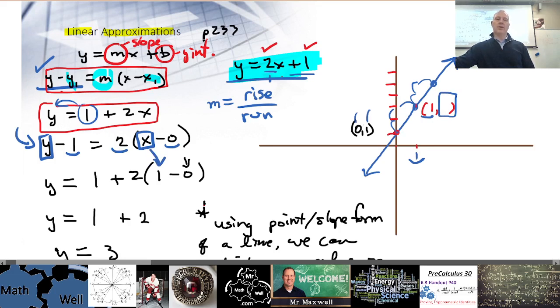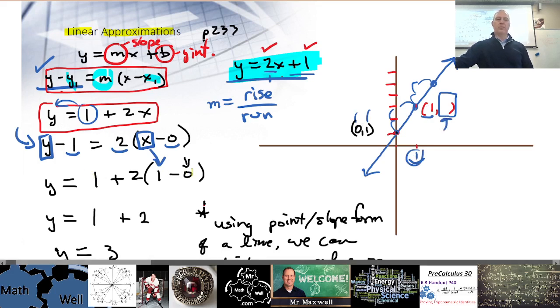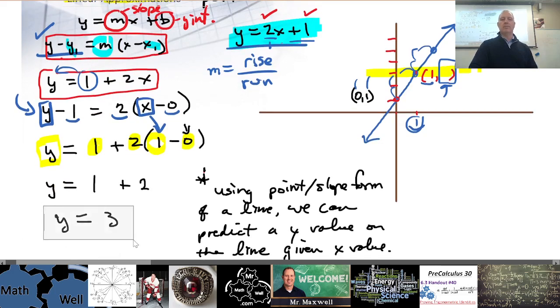So I've got x, I've got y, and I've got x, and I'm trying to solve for y. You can see that I've got everything filled out. There's my original (x, y) coordinate here. Here's my slope, and here's the x coordinate for the second point. I can solve for the y coordinate for the second point, okay? That's this coordinate right here, this y level. And so if I solve for y, using the slope and the other given points, I find that y is 3.